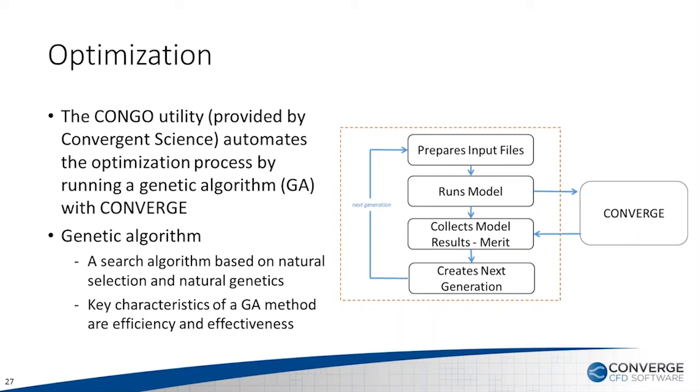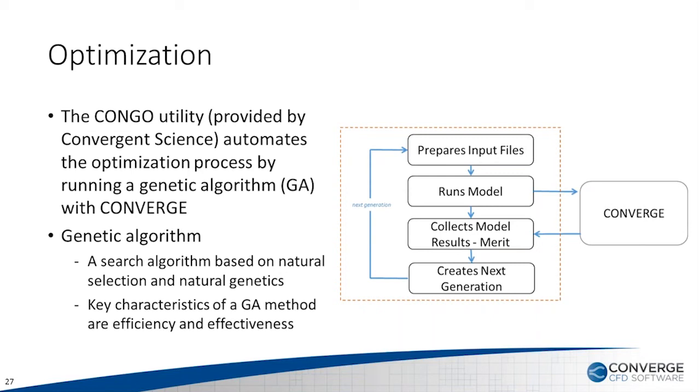This slide is going to tell you what exactly optimization has been done. Basically, Congo is an automatic process to optimize the sensitivity results, trying to meet the targets. It's using genetic algorithms and launches CONVERGE.